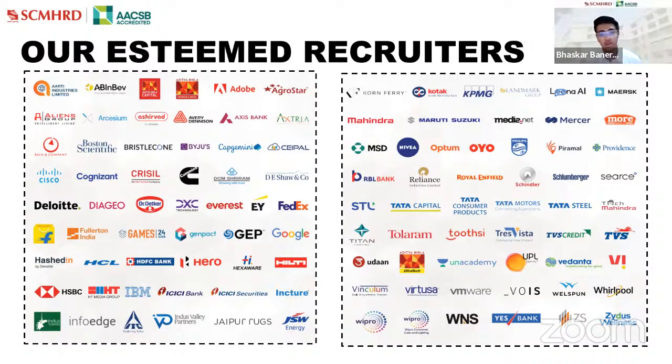Okay, so as you can see, there are a lot of great companies coming to SCMHRD every year for your placements. So the opportunity you get and the companies that you can relate to are huge. SCMHRD has always been great in terms of placements, and we have had great companies coming to the campus. So you know that this is one college where you are going to get a lot of opportunities for your lifetime. Can we have the next slide, team?